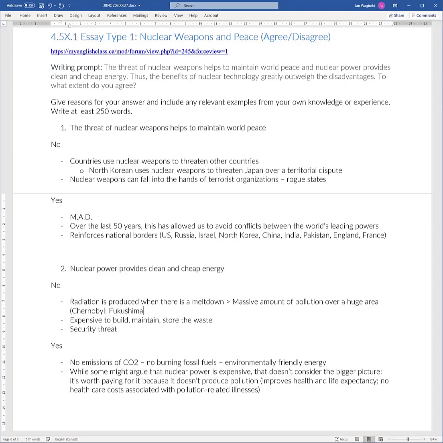Fukushima. Okay. And obviously, if someone makes a nuclear bomb out of nuclear waste that they steal, then that's an incredibly expensive security threat.